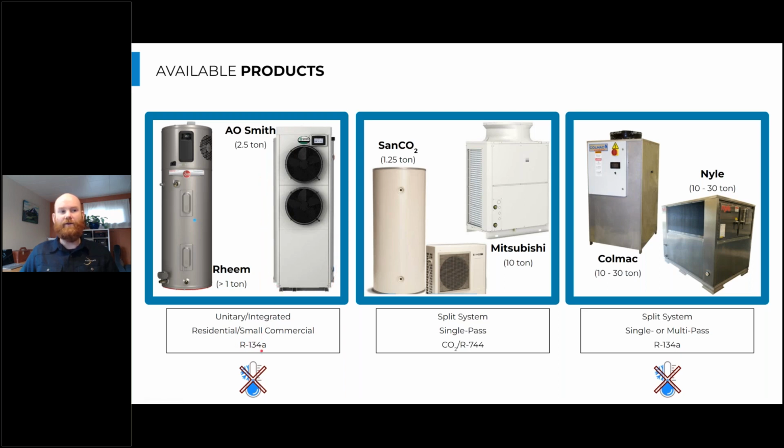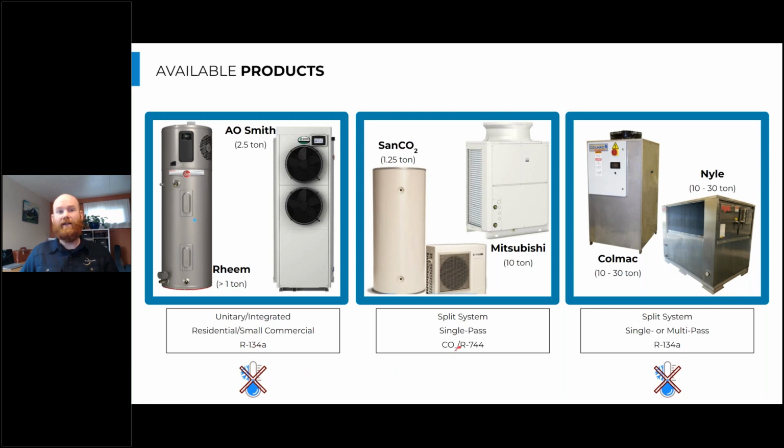These are using R134A refrigerant, which struggles at cool temperatures, and that's below 40 degrees Fahrenheit. So you might want backup if you're installing these outside, and if you're installing them outside in Seattle, that's gonna degrade your overall system performance quite substantially because that backup system will engage.